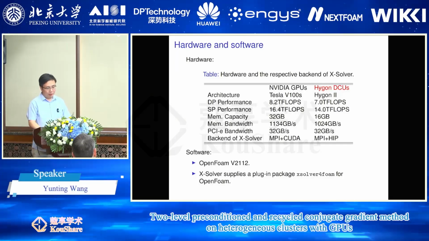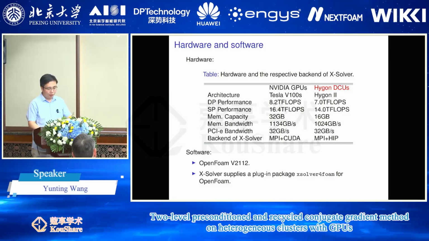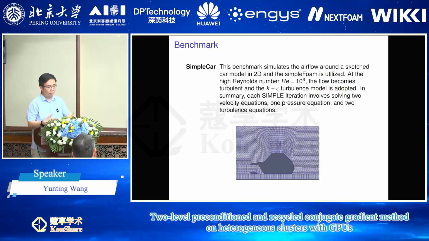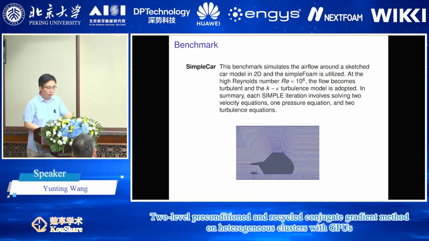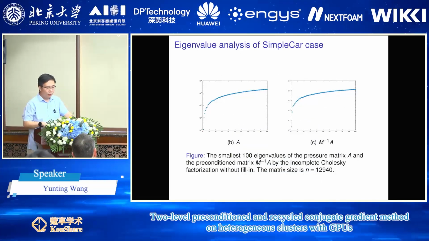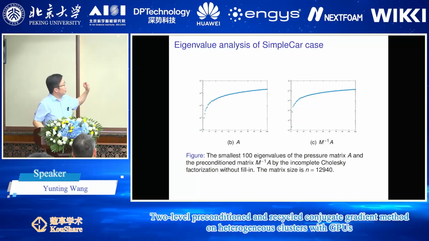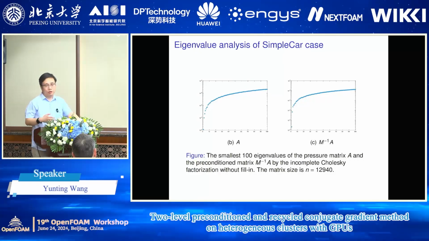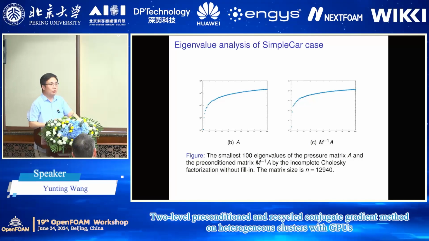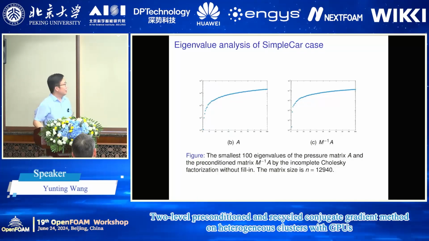We plug the XOver library into OpenFOAM and solve the benchmark, a simple car. We solve the linear systems of the pressure system. You can see that there is a small smallest eigenvalue of the coefficient matrix.